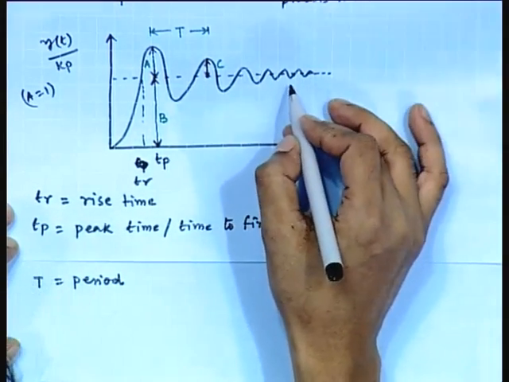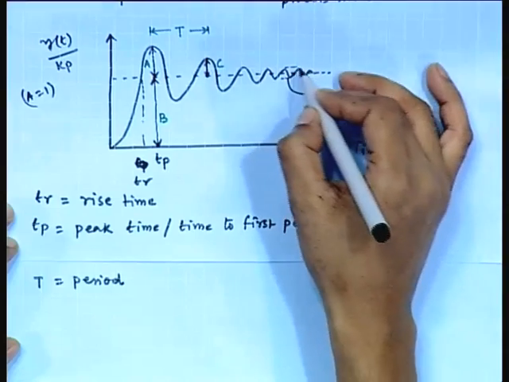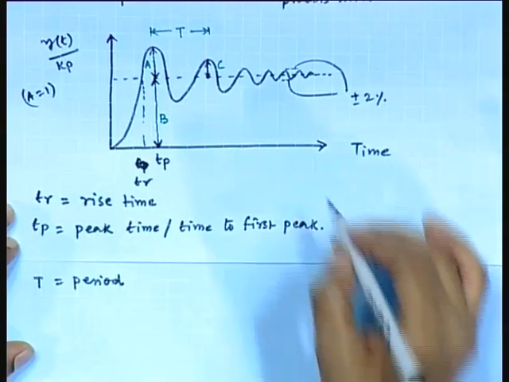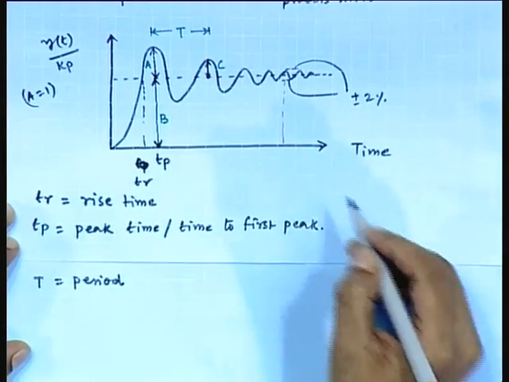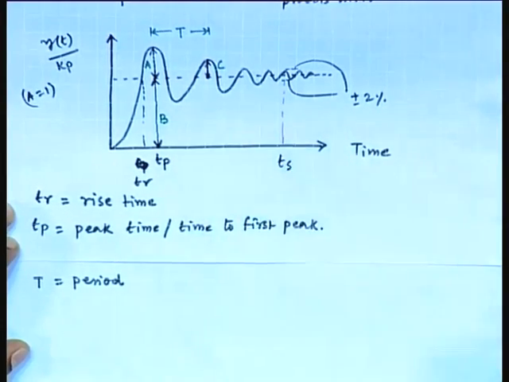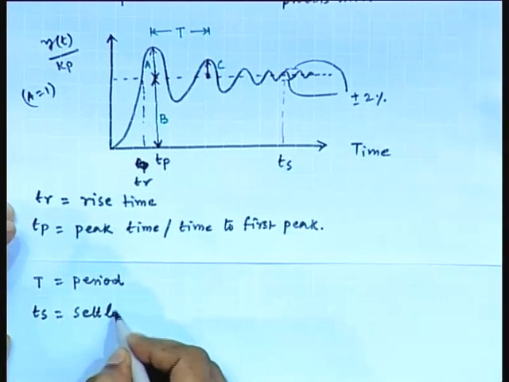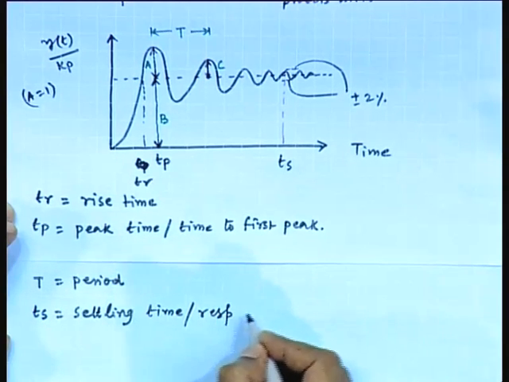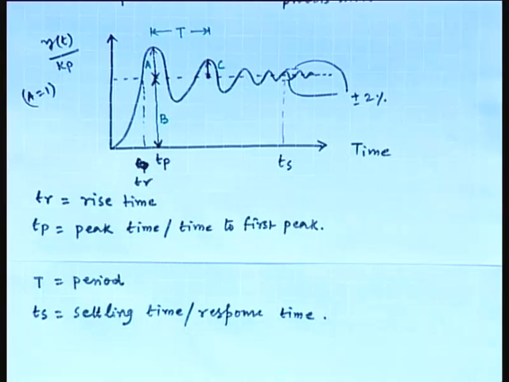And these are indicating plus minus 2% deviation, and the corresponding time we will represent by T s, where T s is the settling time or response time.